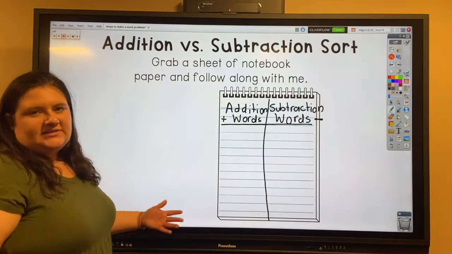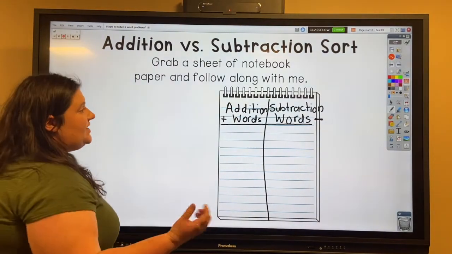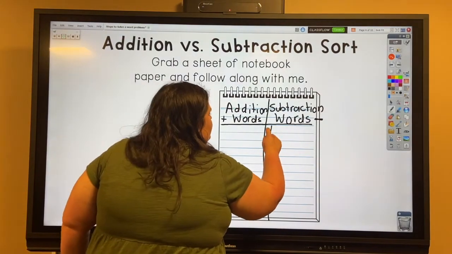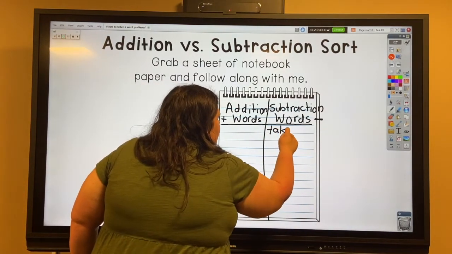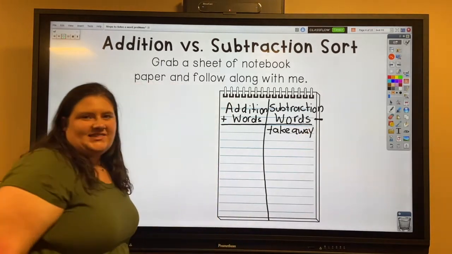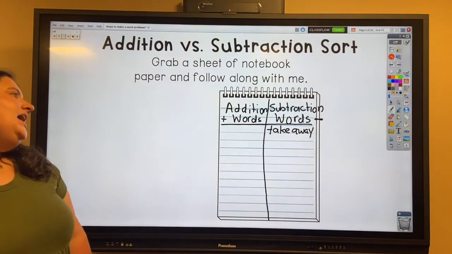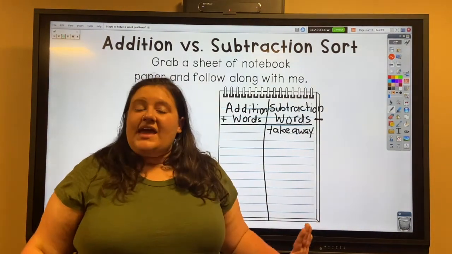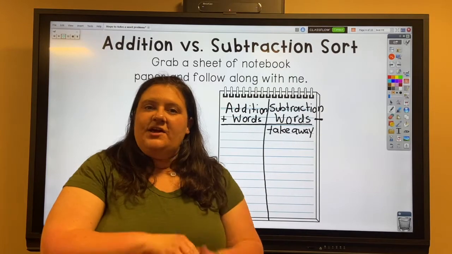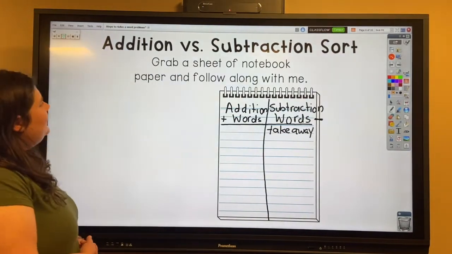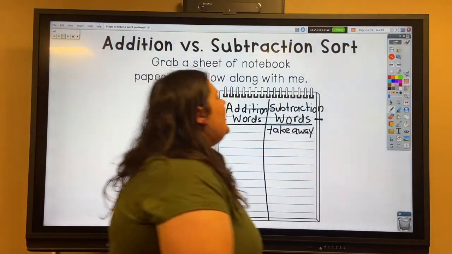For example, if I ask you to write takeaway, we know with takeaway we're going to be subtracting, so you would write takeaway under subtraction like that. If I'm going too fast, it is okay. You can simply pause the video and catch up whenever you can. All right, let's go ahead and get started.